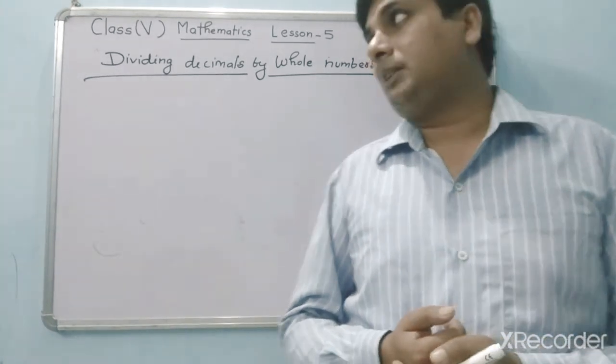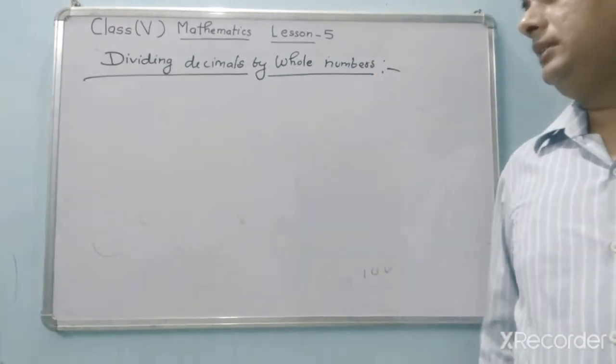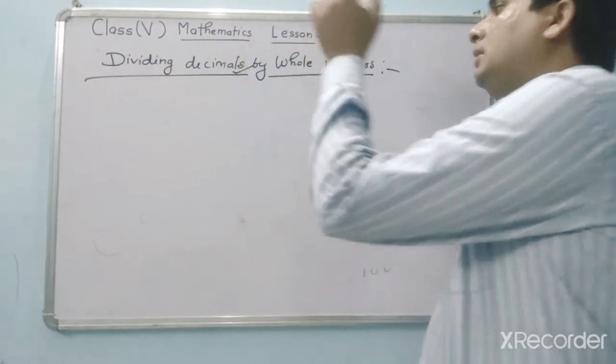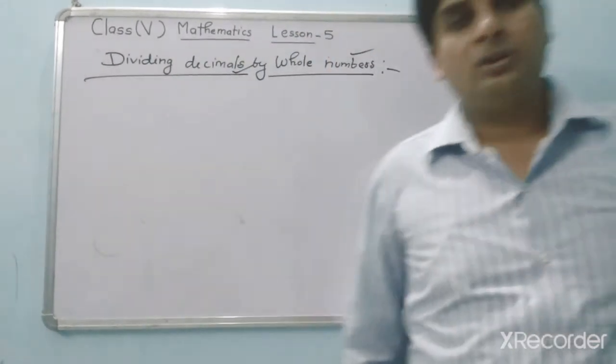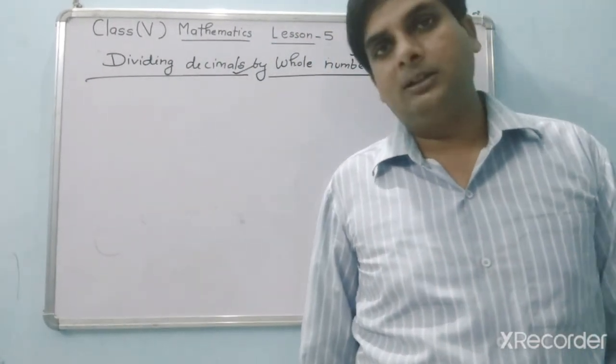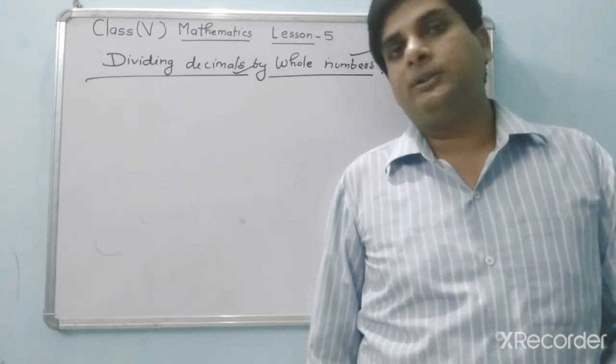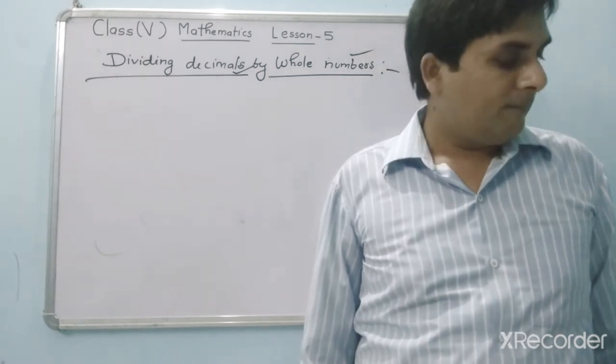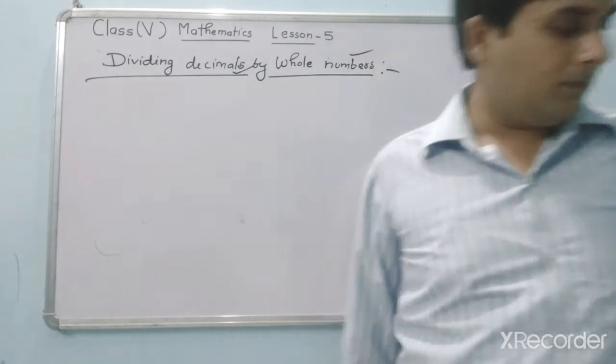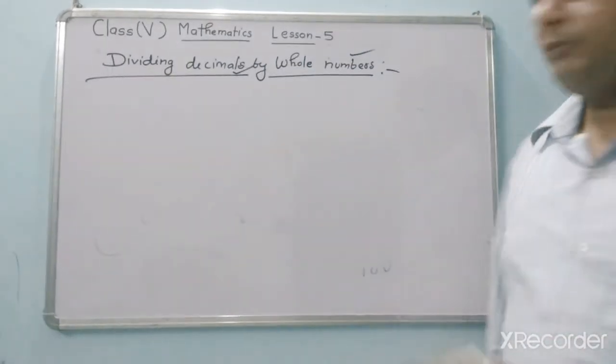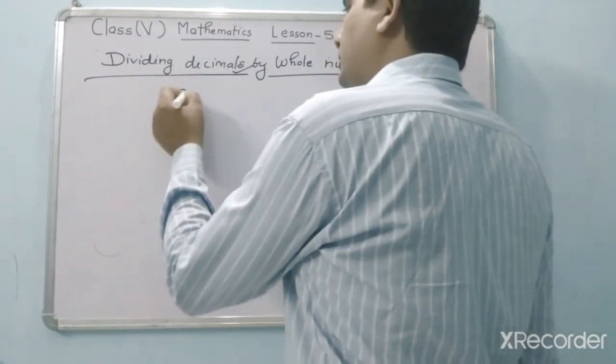Okay, so let's start. What is the question? Dividing decimals by a whole number. We are going to discuss how to divide a decimal by a whole number. Suppose I am taking one example: 22.5 divided by 3.